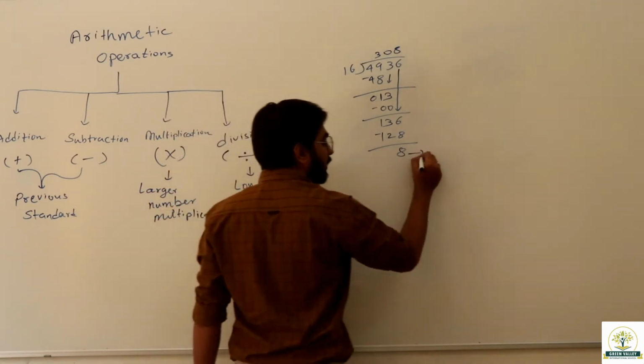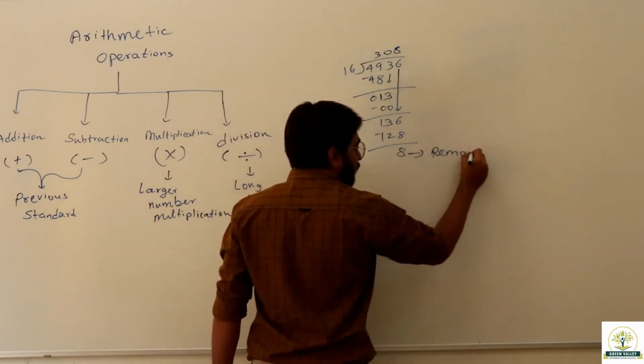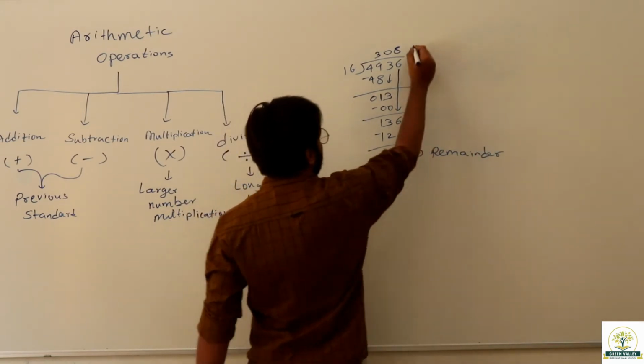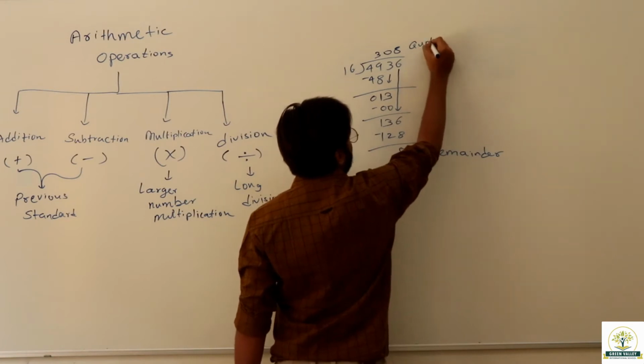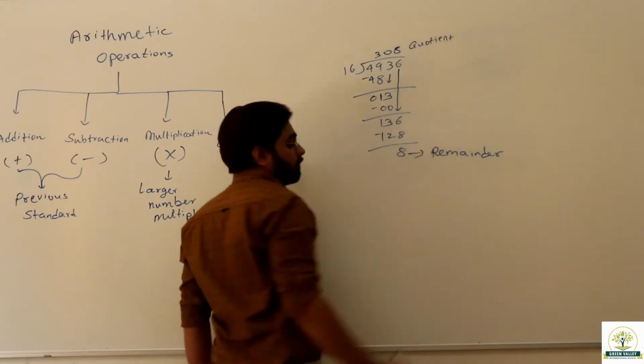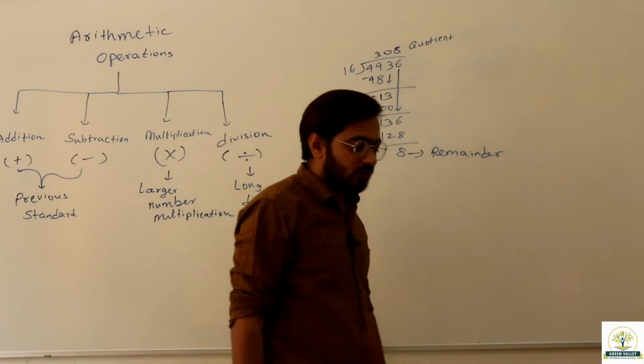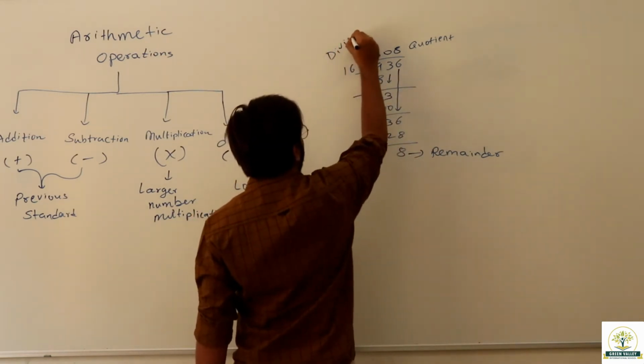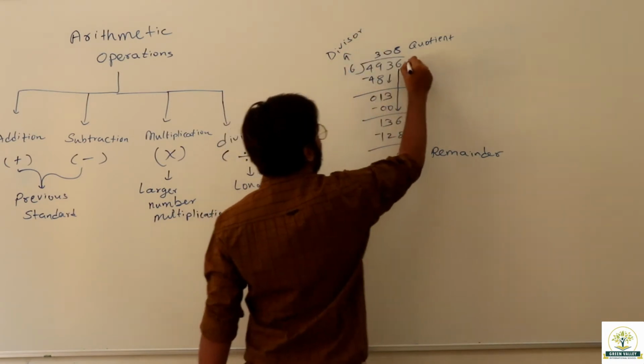This is called remainder. Okay, this is called quotient. 16 is called divisor and dividend.